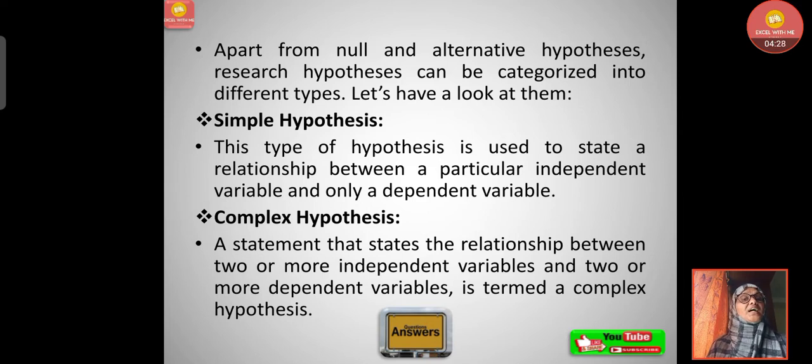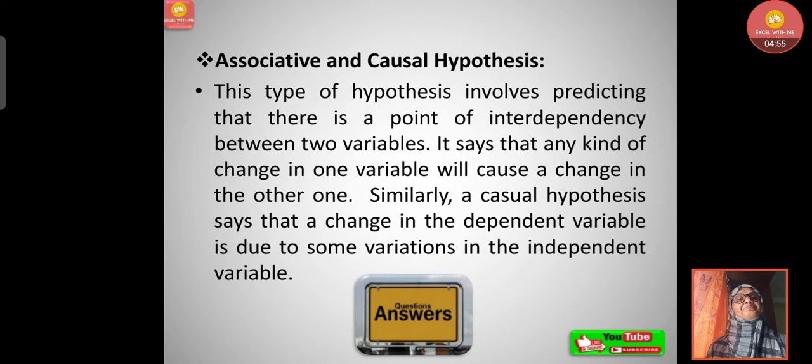Then complex hypothesis: a statement that states the relationship between two or more independent variables and two or more dependent variables is termed a complex hypothesis. In simple, we take one independent and one dependent variable, that's all. But in complex, we take two or more dependent and independent variables.